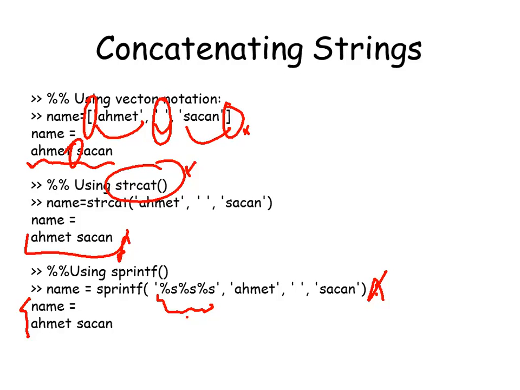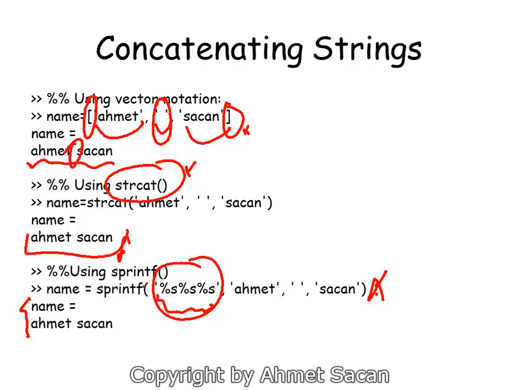So what is that first argument doing? Okay, in the sprintf or fprintf, they work very similar. The first argument is a format string. Anything that does not follow a % sign will be printed literally, meaning it will be printed exactly. The % sign is a special sign for sprintf and fprintf, and the character following the % sign determines what data type you are printing. %s stands for a string.